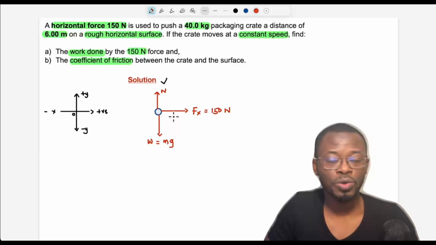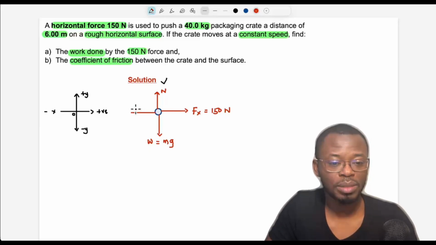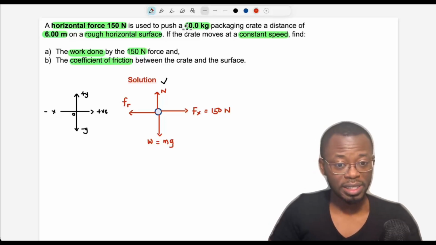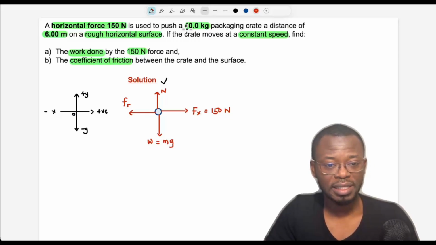We know friction is a force that opposes motion. So if the pushing force is to the right, then our friction force is going to point to the left, opposing this motion. We represent the friction force with Fr. Now this is the free body diagram, and we can see we have all the forces acting on this object. Now we can apply Newton's second law for the vertical forces as well as the horizontal forces to solve this problem.